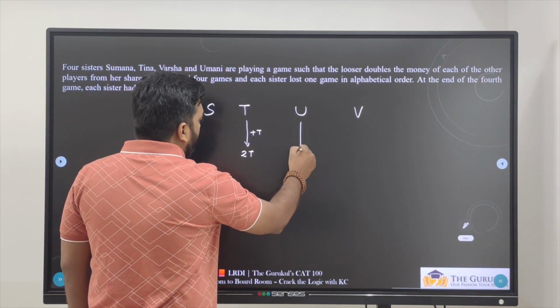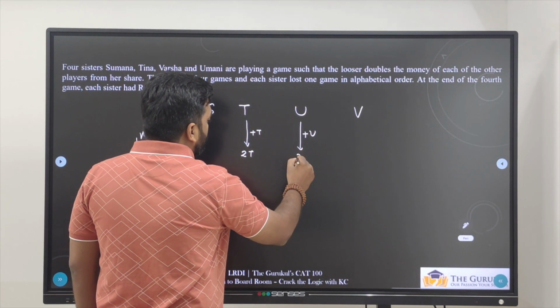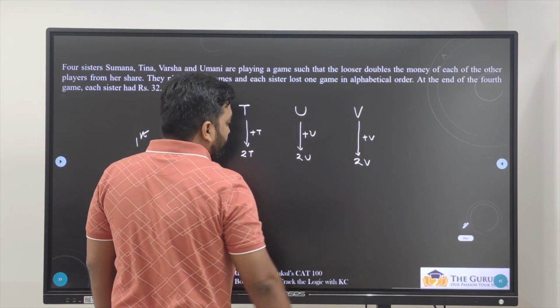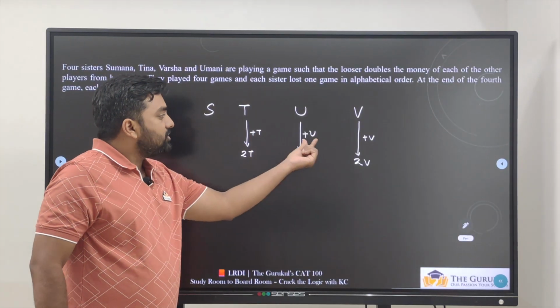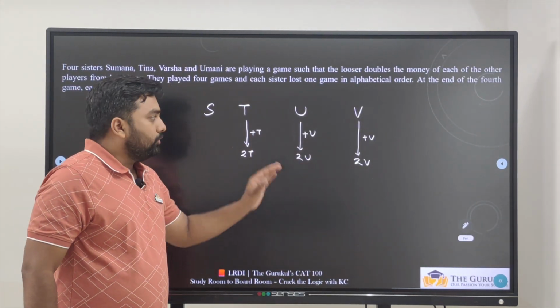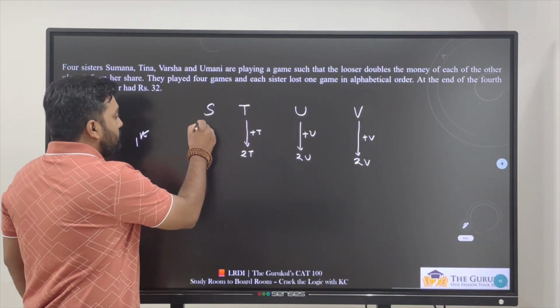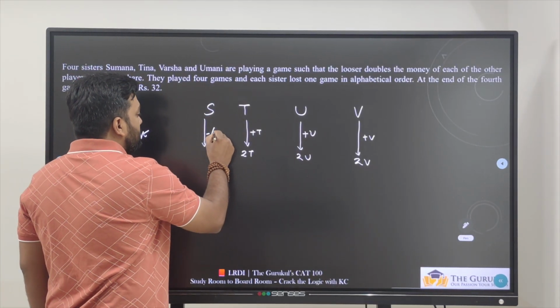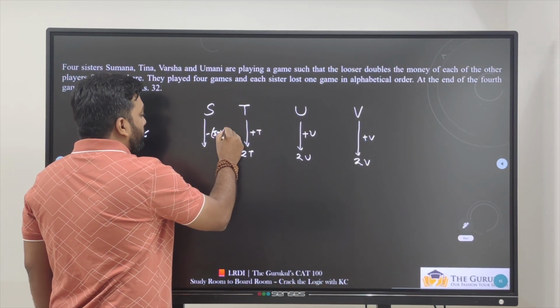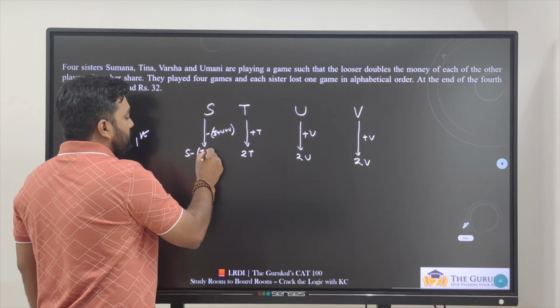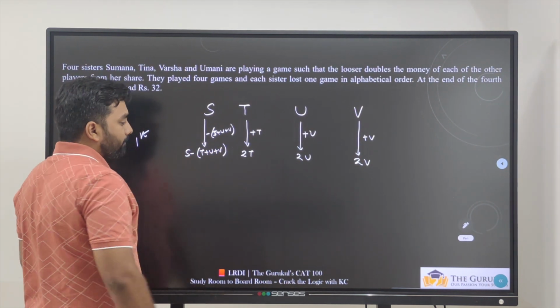This will be 2T, this will be 2U, and this will be 2V. Now how are these extra T, U, V rupees coming? Those amounts are taken from S and given to other people. So this will be minus T plus U plus V. So the amount left with S will be S minus (T plus U plus V).